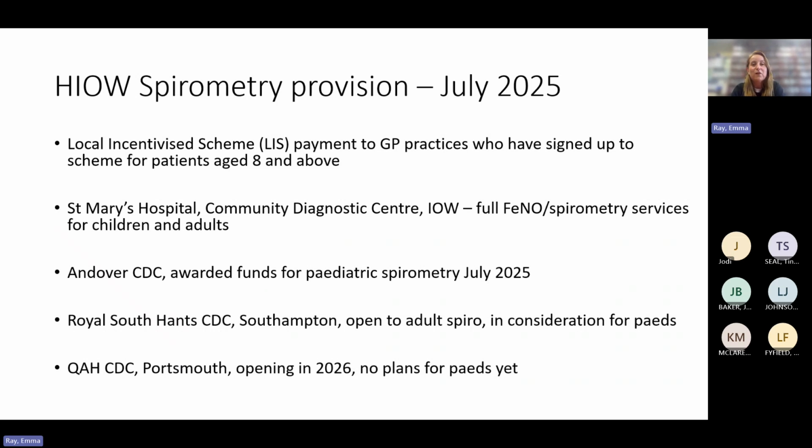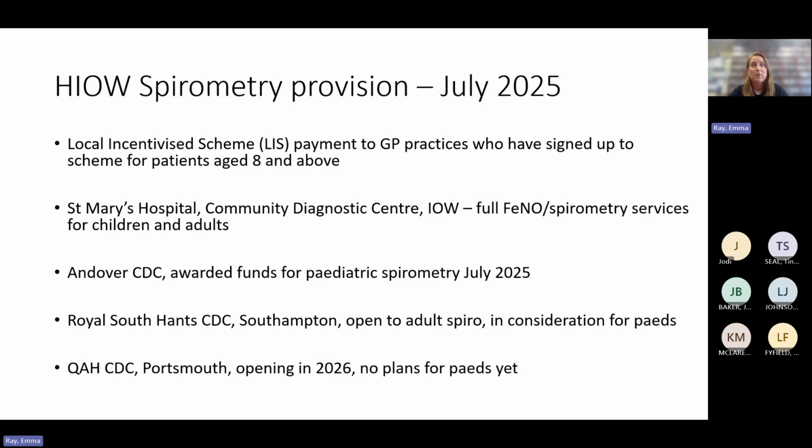So for Hampshire and the Isle of Wight, provision of diagnostic services for children is very patchy and it's not very joined up at the moment. As you're probably well aware, there was a local incentivised scheme that the ICB developed a couple of years ago in order to get GP practices going on their spirometry post the pandemic.